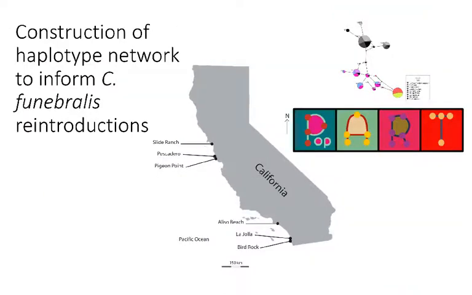And then the last option is using the program PopArt that we used in lab. Remember, we built that haplotype network using that data from Dr. Ballerini with the different sequences from the plants that she collected. So in this particular project option, you would again be working with data from C. funebralis. But what you would be doing is constructing a haplotype network based on some sequences from a mitochondrial gene, NADH4, that I have.